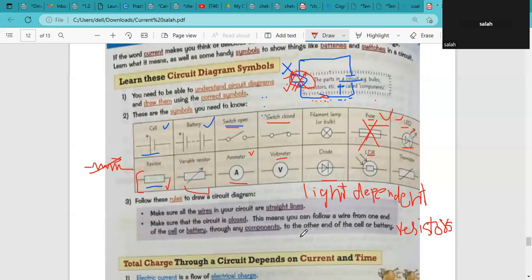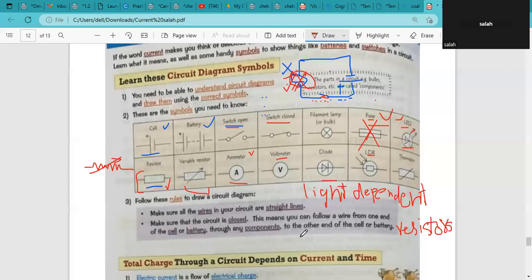When light falls at daytime, they do not allow the current to flow, so the street lights are off. But in the evening, like Maghrib, the intensity of light decreases. The LDR senses it, and when the light reaches a fixed amount, it allows the current to flow, so the street lights automatically turn on.